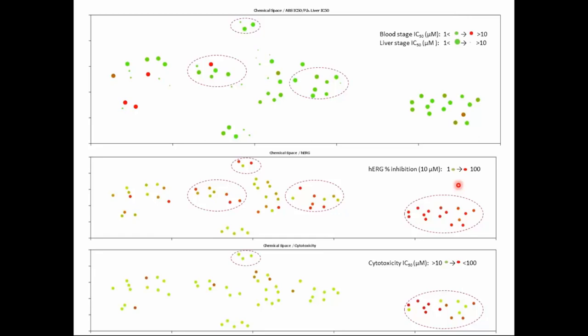So this helped us to choose series and to evaluate if we would be able to progress the series further without being stuck with one issue that's inherent to the series.